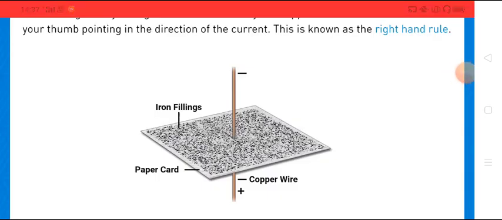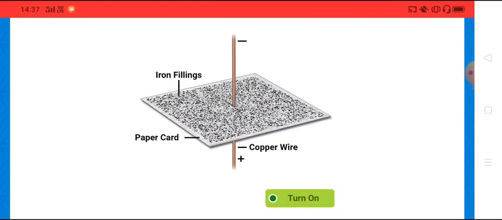Just to understand the observation that we made in the activity, we can revisit the topic in an interactive form in this way. Suppose this is the setup in which you have a current carrying conductor inserted in a cardboard on which the iron filings have been spread. As we had seen, what was the pattern?